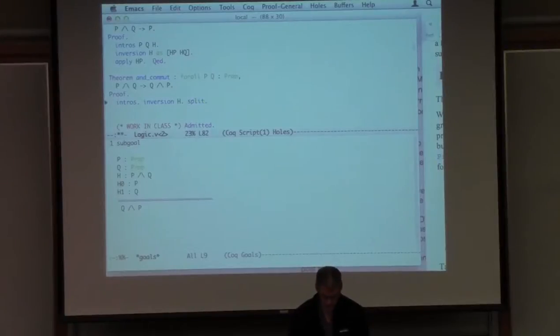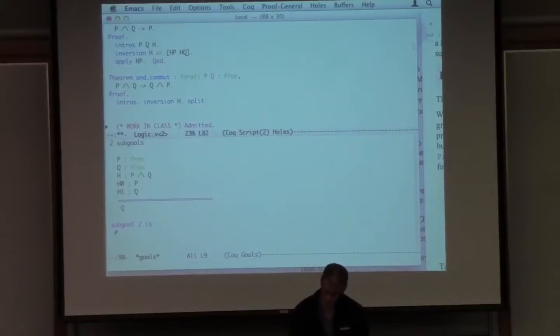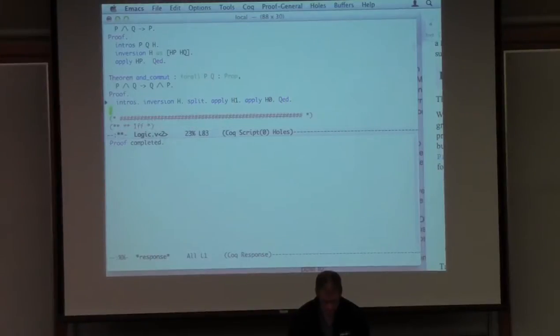Split will give us two subgoals, one for Q, one for P, because we're trying to prove Q and P. And now apply something. We want Q here, so apply H1. That gave us Q, and then apply H0 gives us P, and we're done.